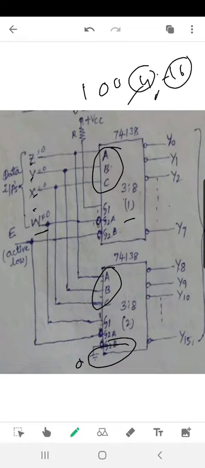The only change is the connection of G1 and G2A, G1 and G2B. In the first decoder, G1 is connected to our plus 5 volt supply. It means the G1 of the first decoder will always remain at 1 because it is connected to a positive supply. Similarly, the G2B of the second decoder is connected to ground.